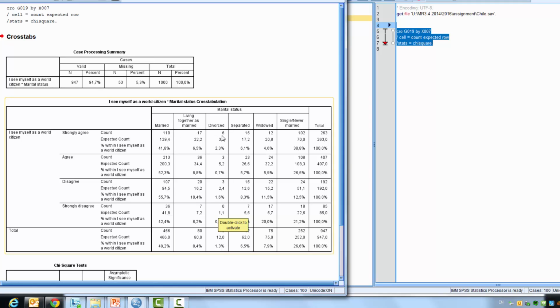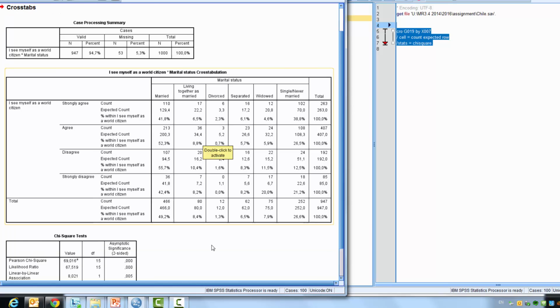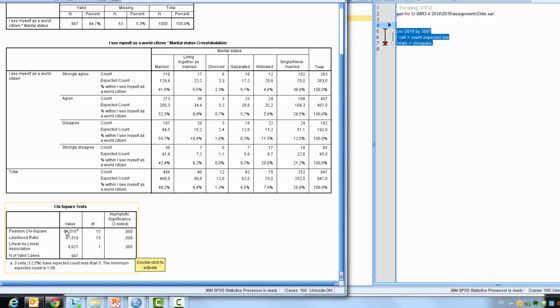If that would be the case for each cell, you would get a highly non-significant value of the chi-square test. However, as you can see here, there's quite a substantial difference between these observed and expected frequencies, and therefore this chi-square value is very high. It's 69, with a degrees of freedom of 15, which means that it is highly significant.